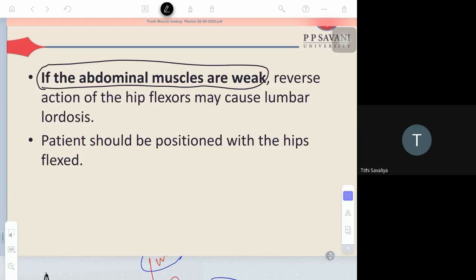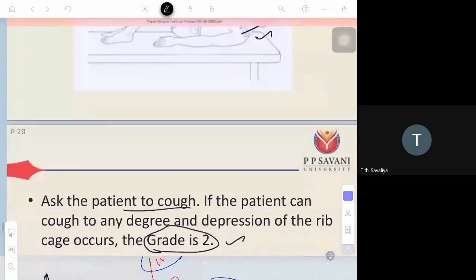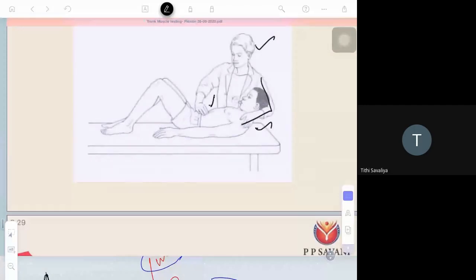So you palpate with one hand in the lumbar region and find out whether the lordosis is exaggerating or not. While performing the test, you place one hand in the lumbar region and ask the patient to do the test.